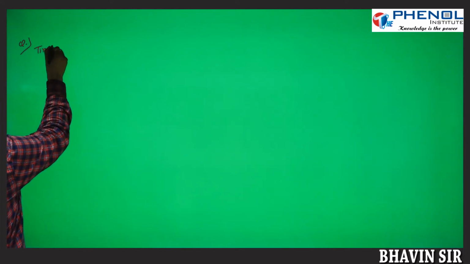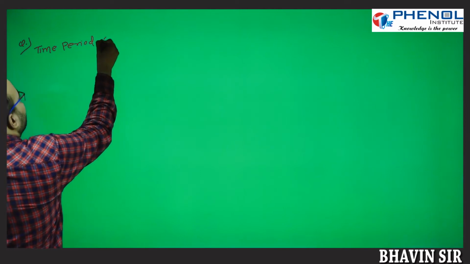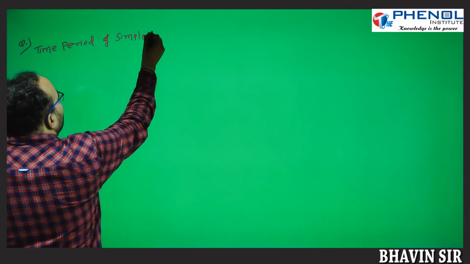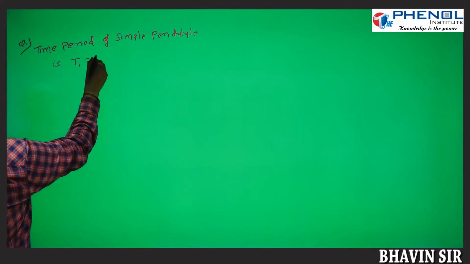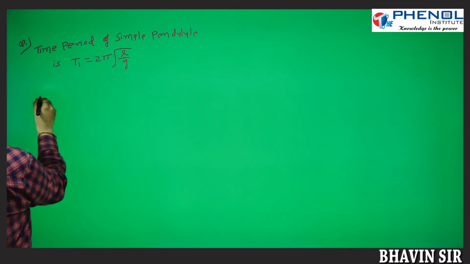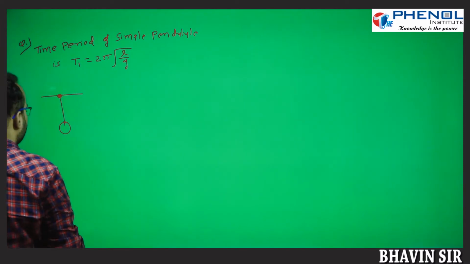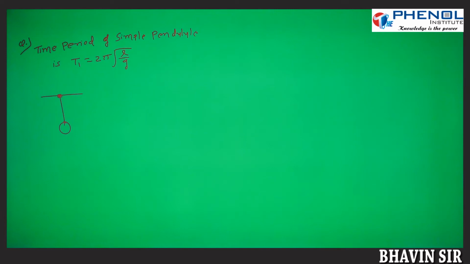The time period of a simple pendulum is T1, the routine formula 2 pi under root L by G. Now next, the point of suspension is moved upward according to the relation y equals kt square.